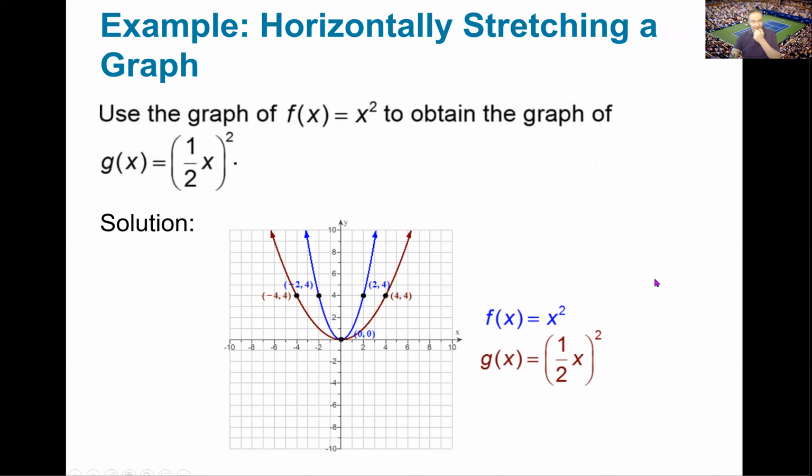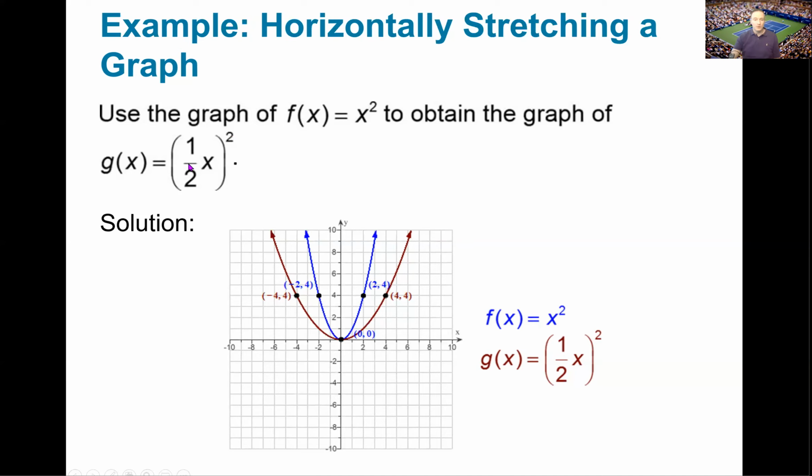Here's an example. I have the graph y equals x squared. That's my base graph, my blue graph. f of x is y equals x squared. We know it contains 0, 0, 2, 4. It would contain 3, 9, negative 2, 4, negative 3, 9, and so forth. Now, if I wanted to show that the graph of g of x is equal to the quantity 1/2 x squared, what am I supposed to know?